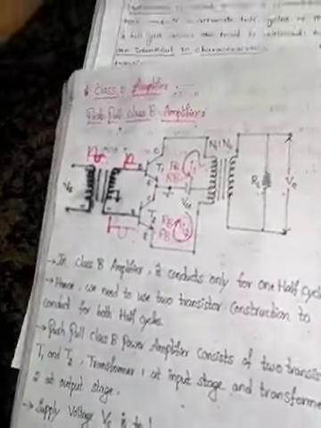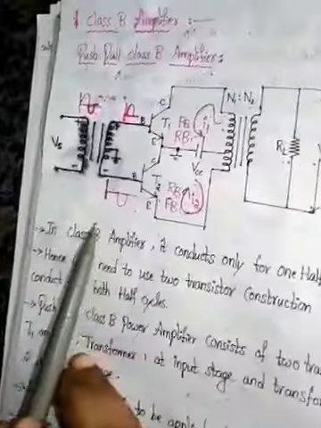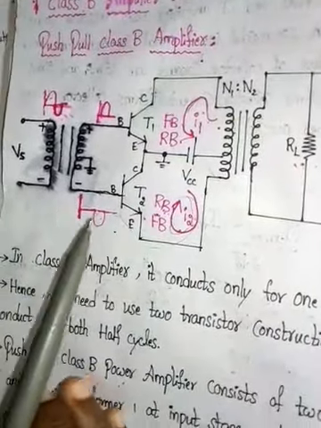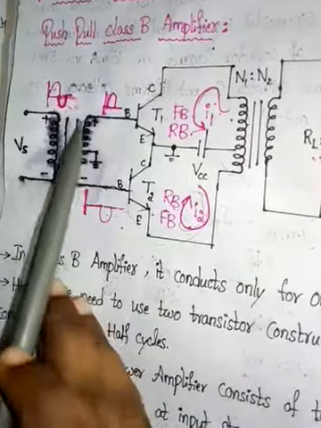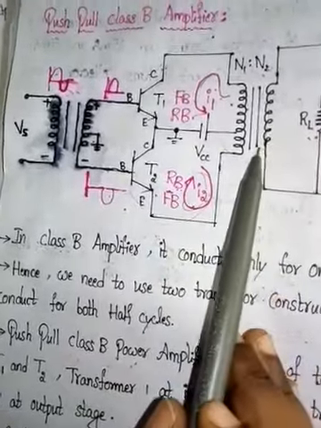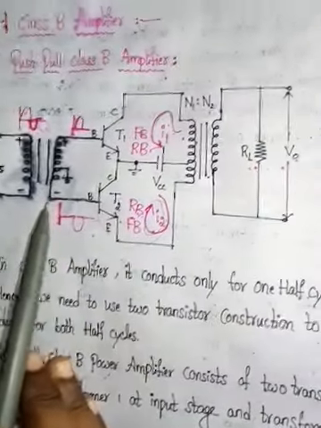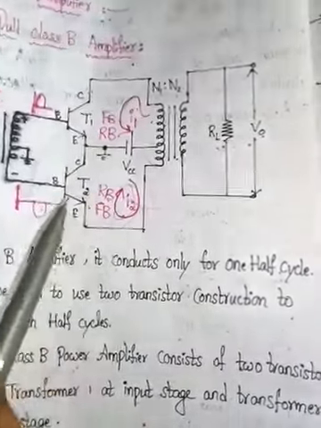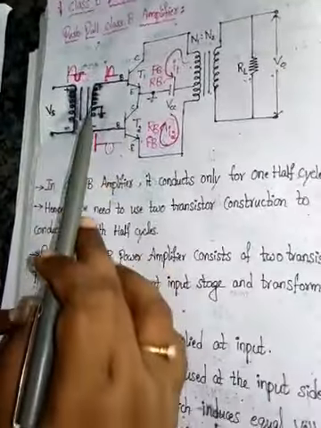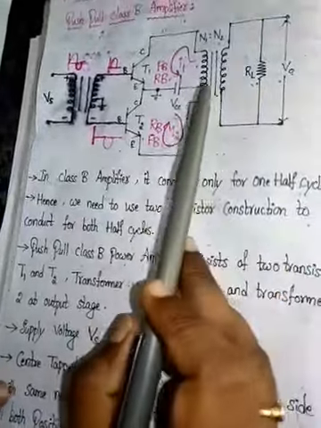So here is the circuit of the push-pull class B amplifier. At the input side we use one transformer, and across the load we use another transformer. The input side transformer is the driver transformer, and the output side transformer, connected across the load, is the output transformer.